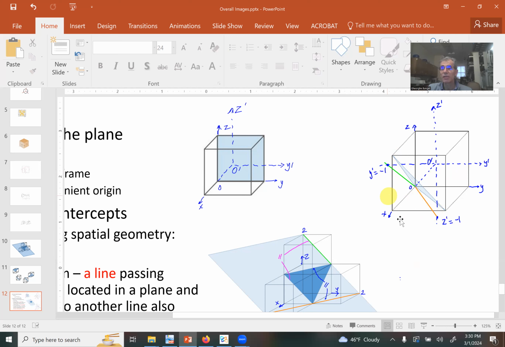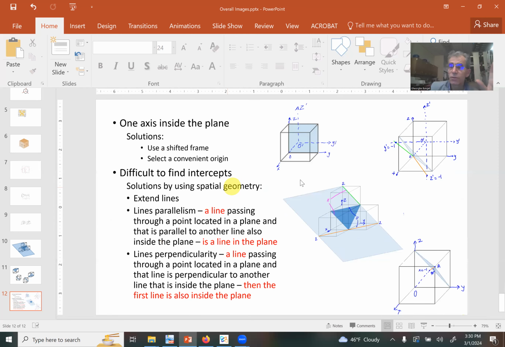So you can see that the Miller indices in this case are going to be 1, because of this intercept here on the x-axis, and then -1 and -1: 1, -1, -1. So that was one way to consider. Pay attention to the slope as you move along, and you will understand where it intercepts.